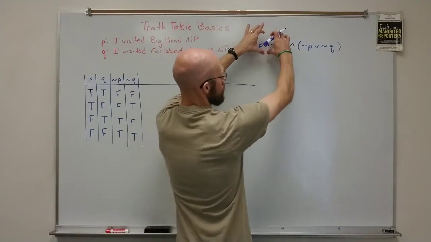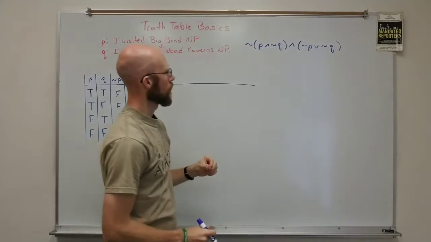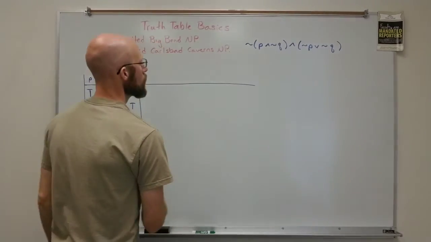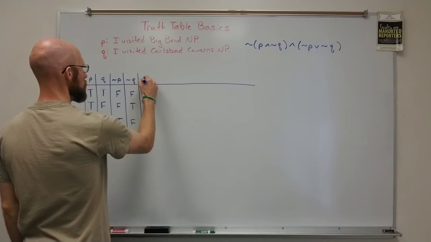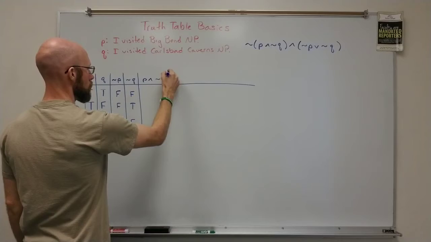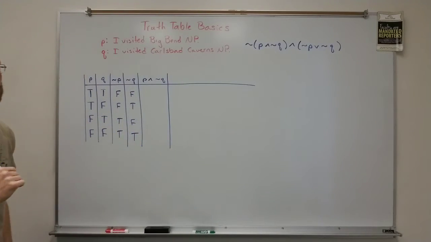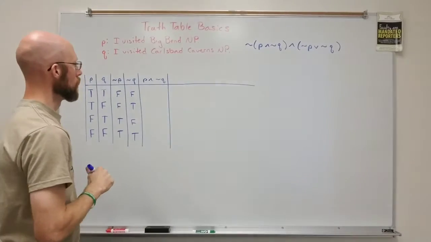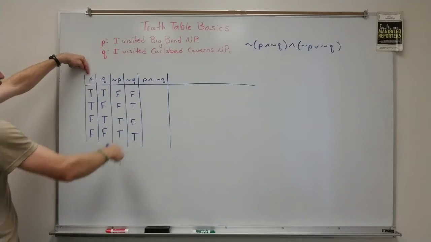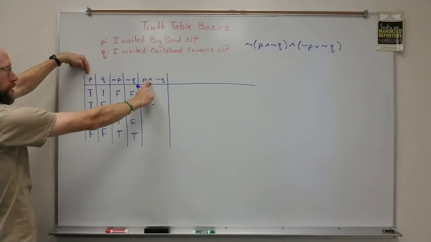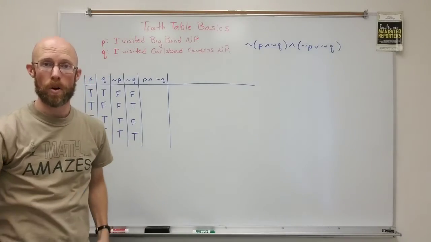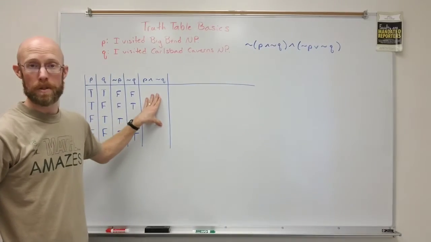Now I'm trying to build up to this whole structure here. So I'm going to do stuff within the parentheses next. I'll start on the left maybe. I've got P and not Q. Okay, so that's the next column in the table, P and not Q. So I look at the P column, I look at the not Q column, and because this is a conjunction, I need both columns to be true in the same row in order for the conjunction to be true.